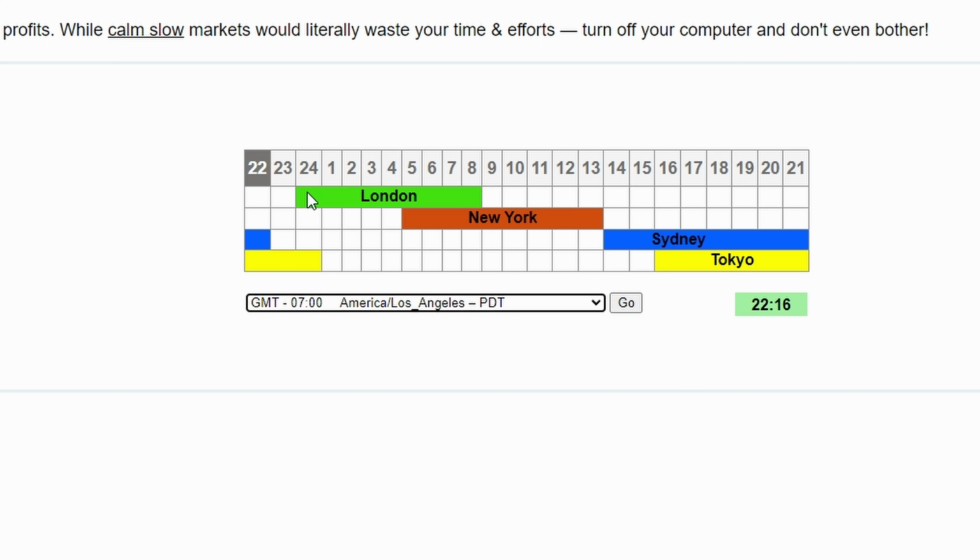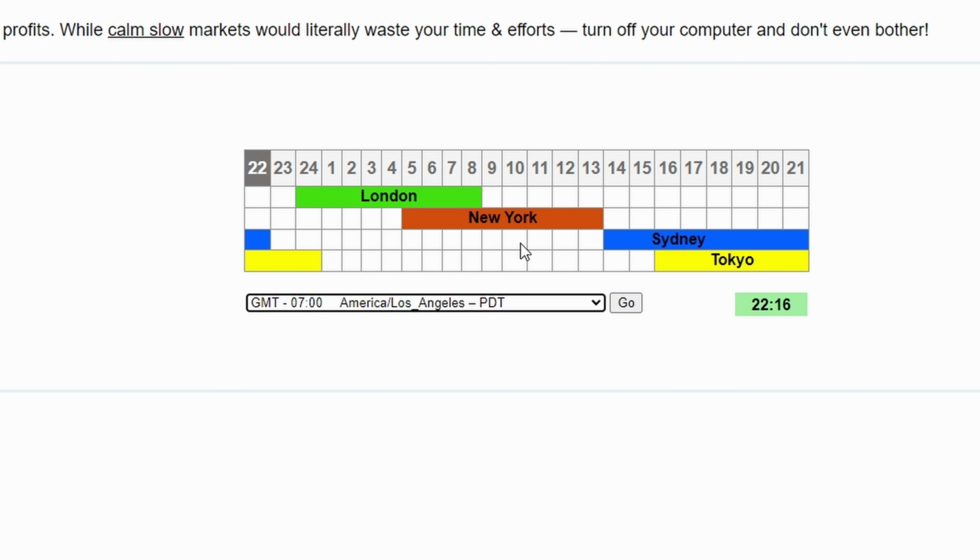And then for me, exactly at 12 p.m. London opens, and now London is the biggest session in the world. Okay, so at London, all the European pairs are going to start moving. Your GBP USD, your Euro USD, all the pairs that have the European countries. Okay, those pairs are going to start moving a lot.